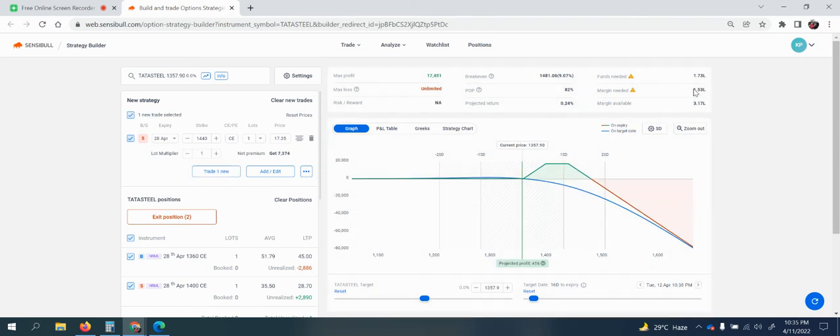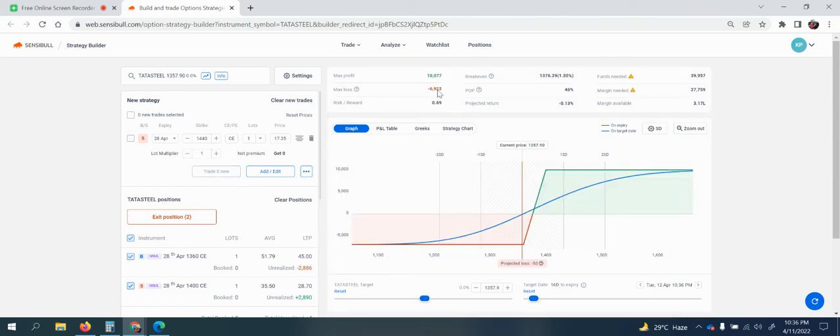Option selling is all about having extra capital. The more capital you have, the more you can reduce your losses, or even get into profit. But if you do not have the capital, you have to pay 25% of the loss on your capital deployed.